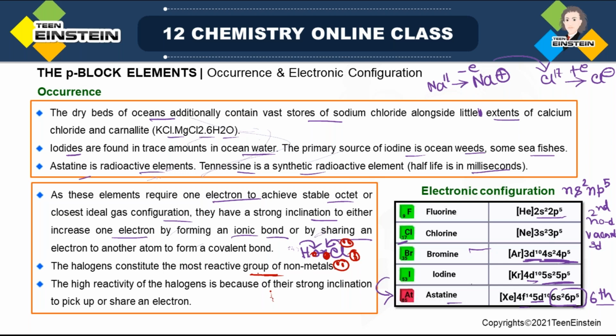But just before the last group, that is group 17, the halogens, as there is a deficiency of one electron, they are highly reactive. They have a tendency to accept one more electron. The high reactivity of halogens is because of their strong inclination to pick up an electron, that is an ionic bond, or share an electron, that means covalent.